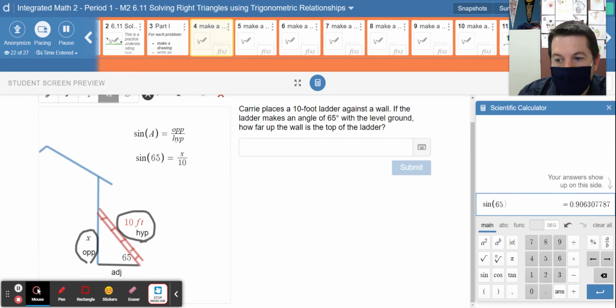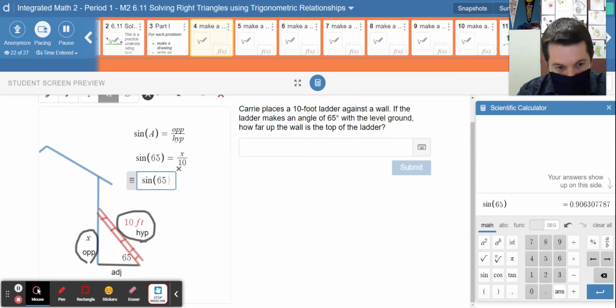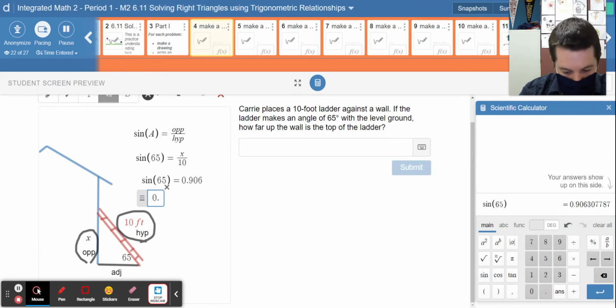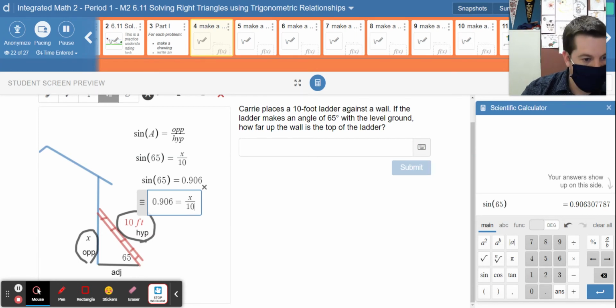That gives me the ratio of the opposite divided by the hypotenuse. So that means that sine of 65 is equal to 0.906. And so I can rewrite this as 0.906 is equal to x over 10.